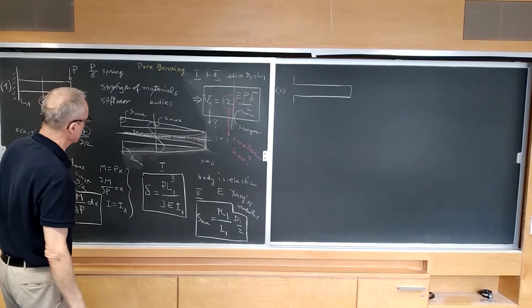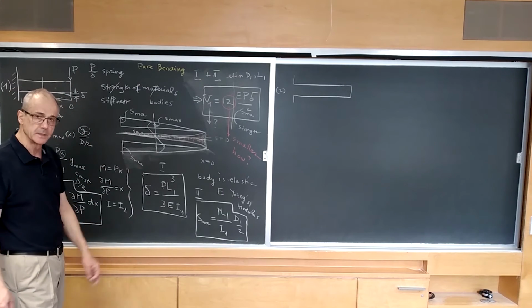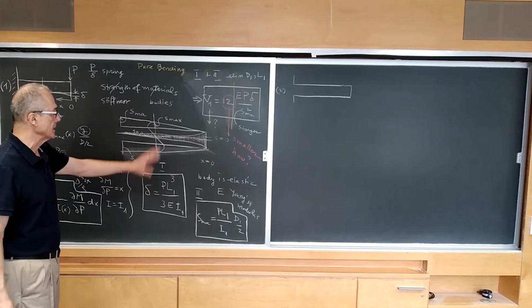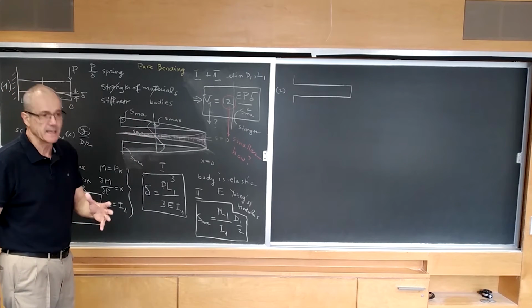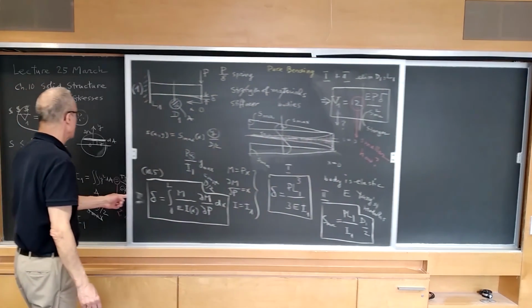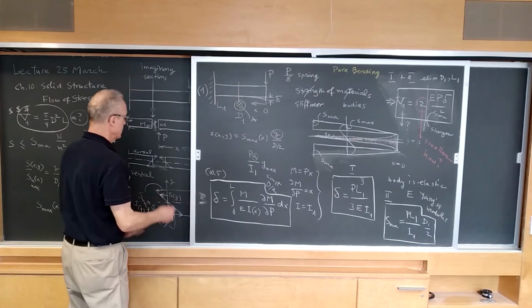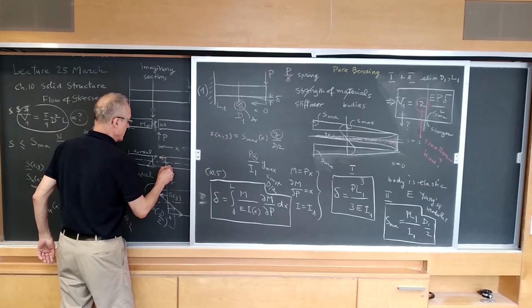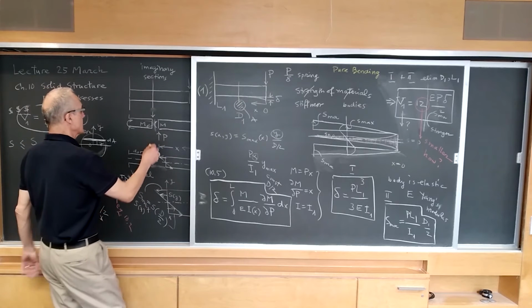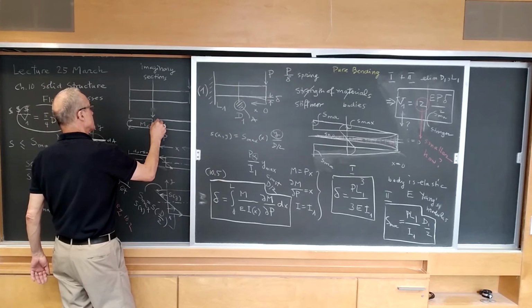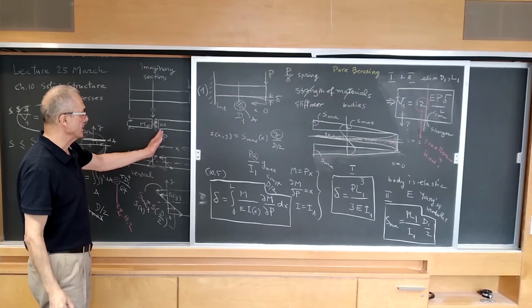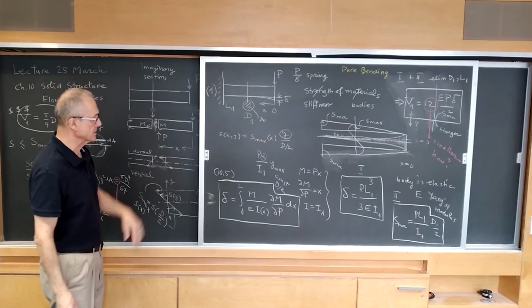Pure bending means that the beam is slender enough so that the stresses in the cross-section are due mainly to these things that I've been drawing, namely the tension and compression, meaning greater than the shear stresses associated with the vertical force P felt in the cross-section.